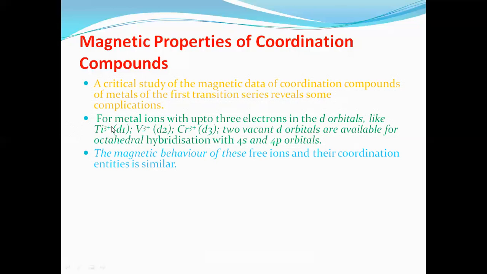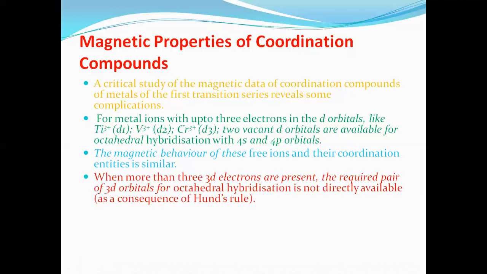If there is only one electron in the d orbital, it is always paramagnetic with 1. If there are d2, 2 electrons in the d orbital, then there are unpaired 2 electrons, which is paramagnetic with respect to 2. If there are 3 electrons in the d orbital, then also it is paramagnetic with respect to 3 electrons.